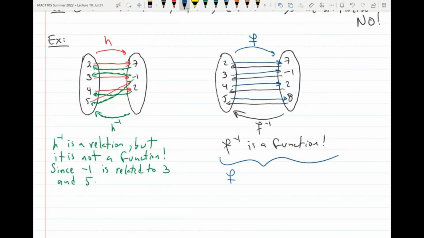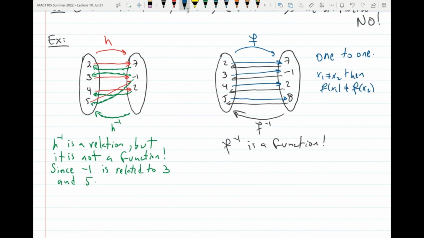Basically, one-to-one means that if x1 is different than x2, then f of x1 is different than f of x2. So every time you have different inputs, you're guaranteed to have different outputs.